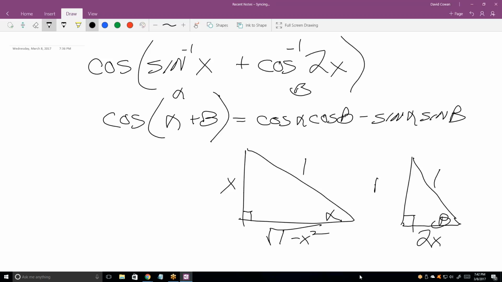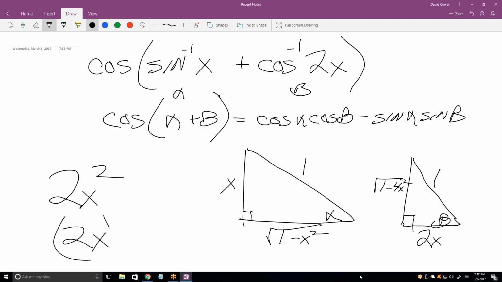Square root of 1 minus 2x squared. Which is 4x squared. Wait, why is 2x squared 4x squared? I'm confused on that. Now, there's a difference. These two are not the same, as what we really are doing is this.